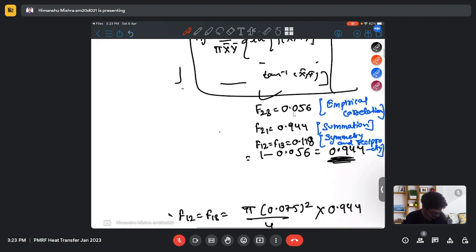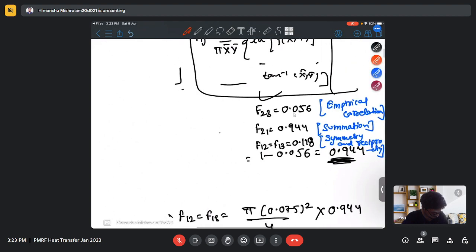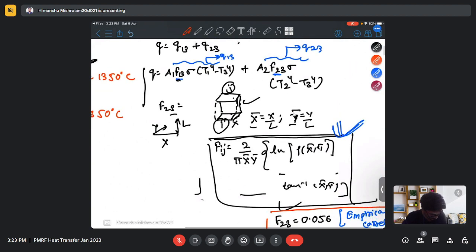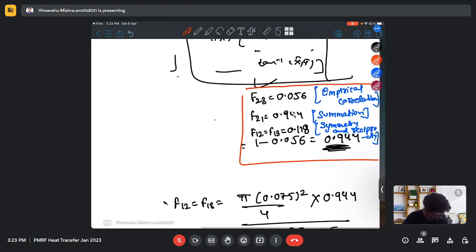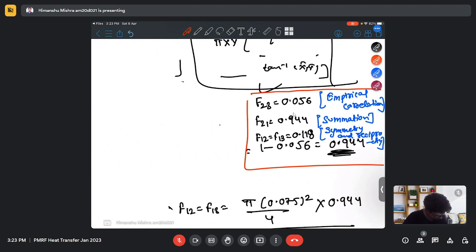So these are our shape factors, and we need to use F13 and F23, which means this one and this one.